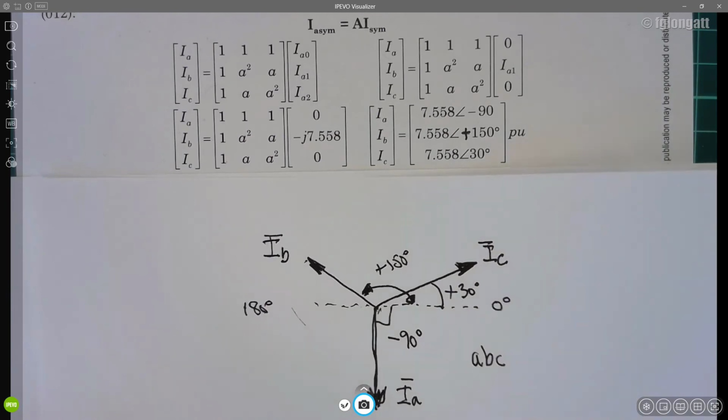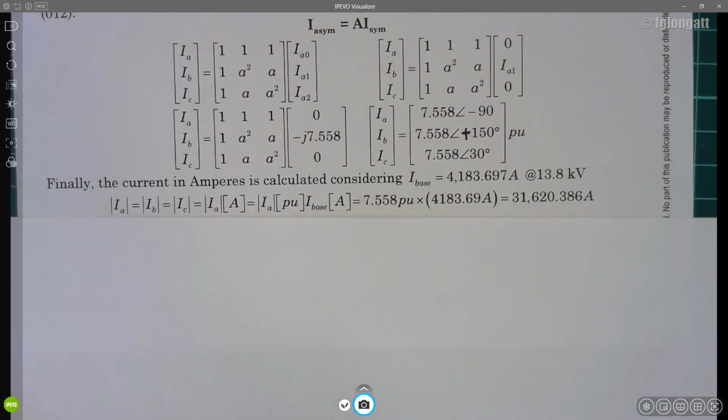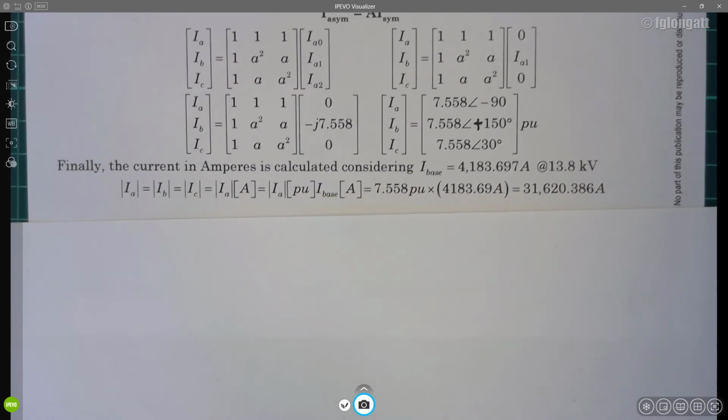Let me keep going with my explanation. The next step is extremely important. The next step is for short circuit analysis. Per unit currents are interesting and important, but when we are working with real physical components, the current in amps is the important indicator, because it will define many properties.